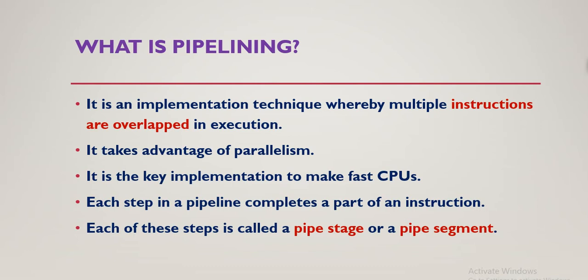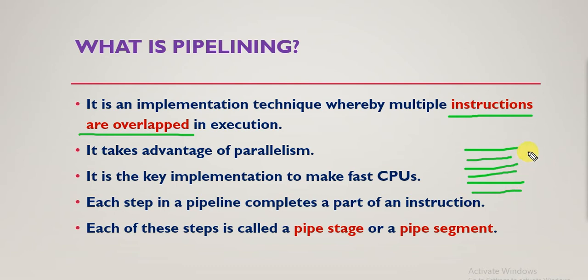It is actually an implementation technique whereby multiple instructions are overlapped in execution. As you know, a program being executed in a computer consists of a number of instructions, thousands of instructions that are given to the system, and these instructions are executed one by one.